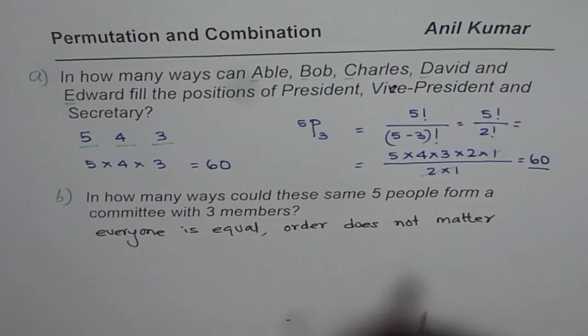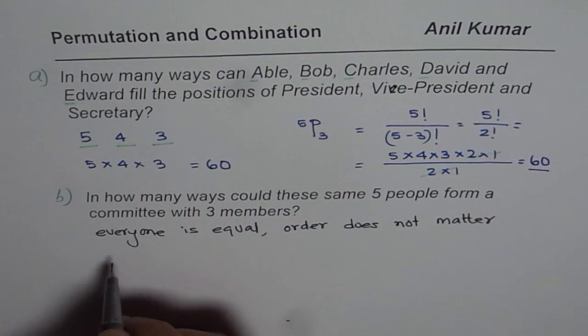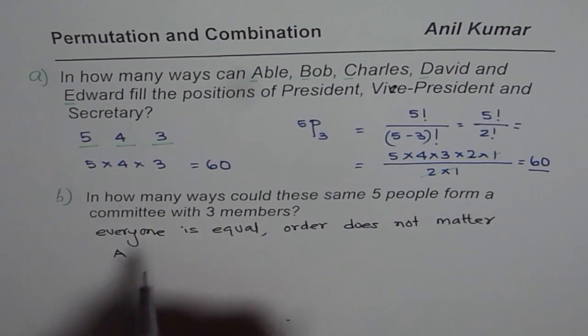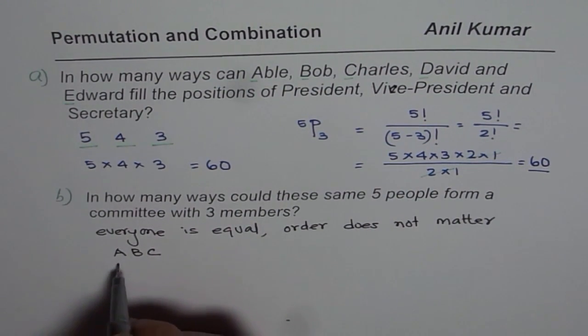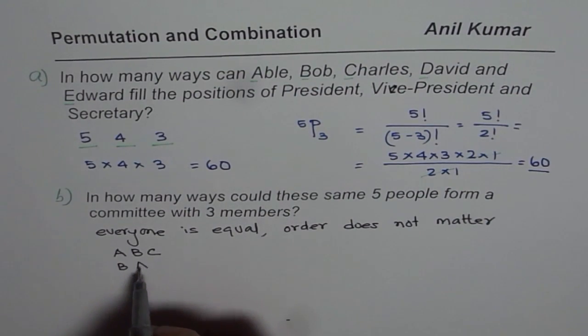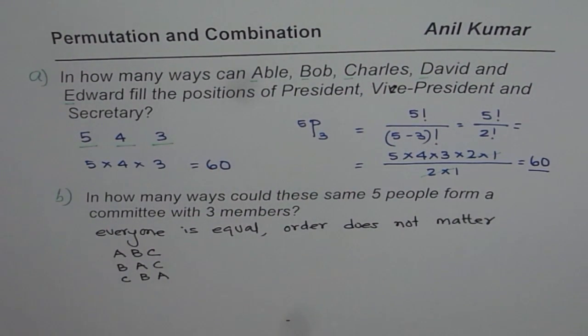What I'm trying to say here is, if I fill the committee with three members, let's say Abel, Bob, and Charles, then the orders BAC or CBA, all these are kind of the same.